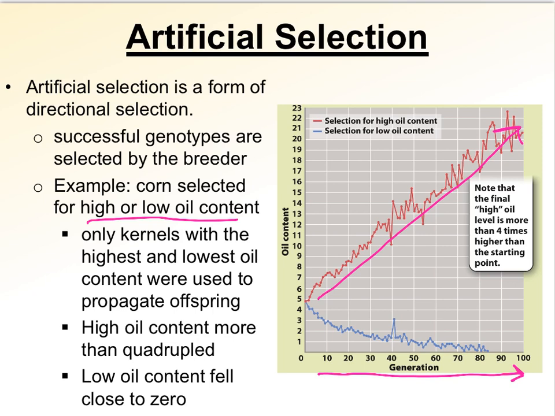On the flip side, you can do the opposite with low oil production. If you keep crossbreeding with organisms that are low oil, over time you can remove the oil content. So again, this is another means of selection, but this is done artificially by breeders purposefully choosing which organisms to breed with others.